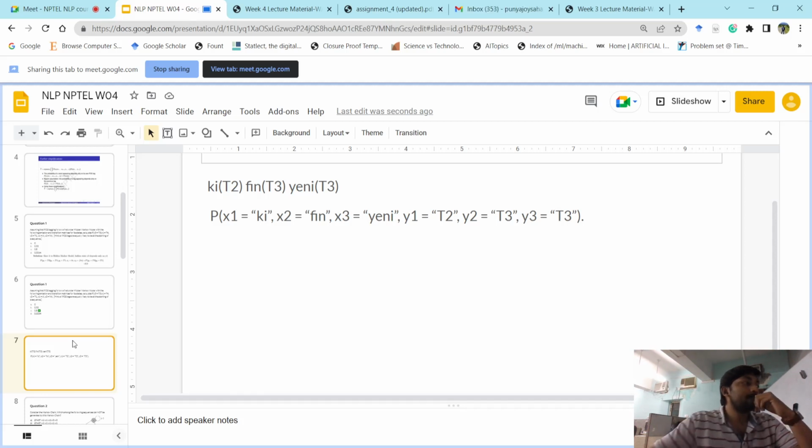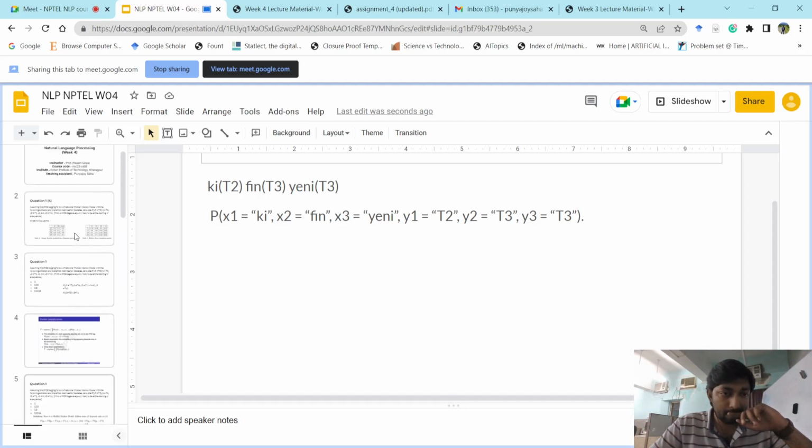First we start with y1. The probability of y1 equal to T2, the first tag is equally likely.